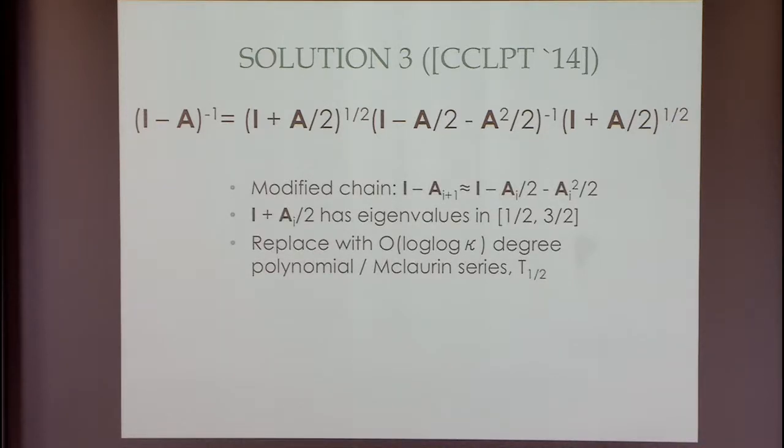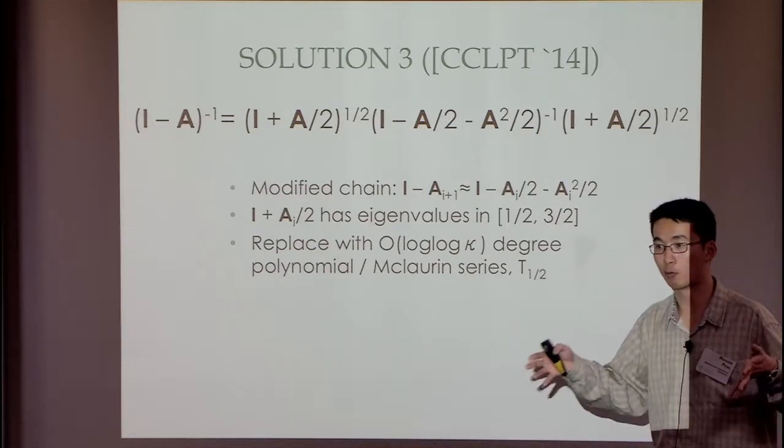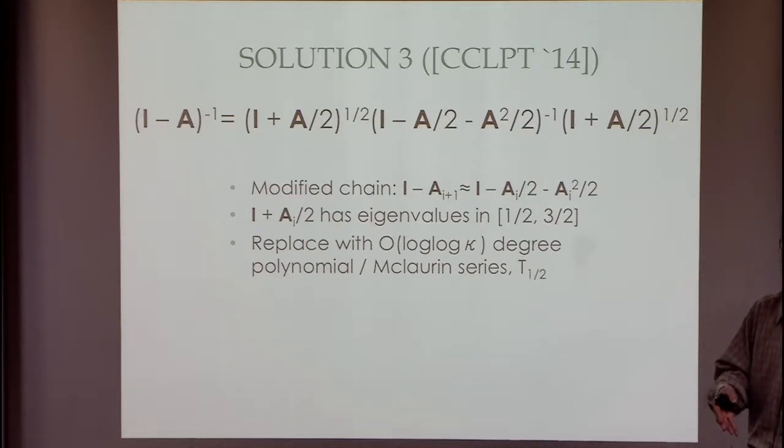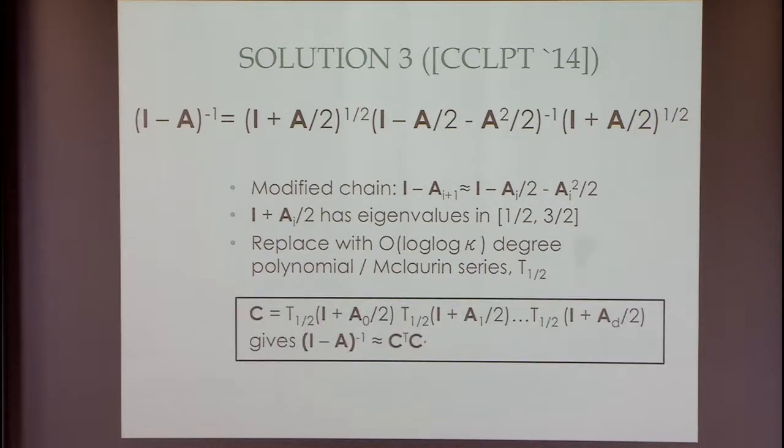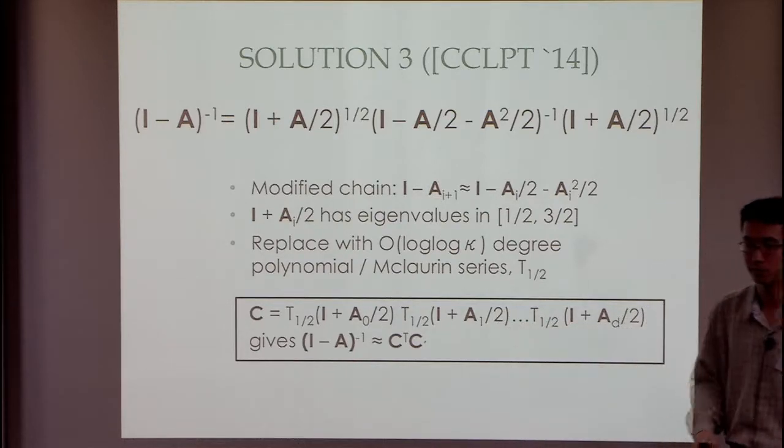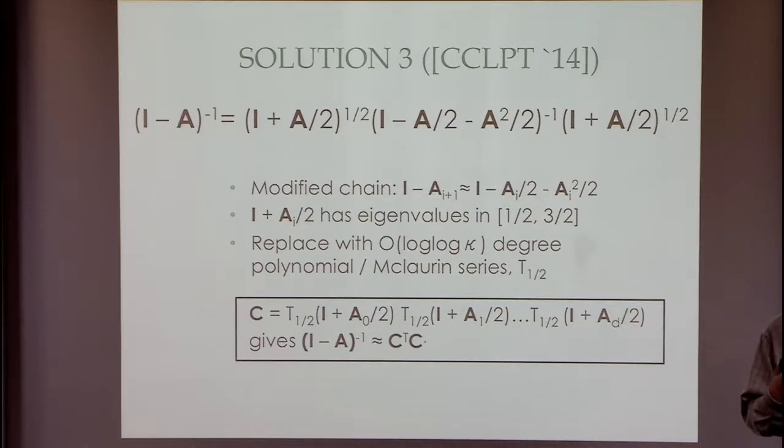Because the eigenvalues of each of these matrices are between -1 and 1, half of the matrix has eigenvalues between -1/2 and 1/2. So all my terms are now very well conditioned. We just use log kappa degree Taylor expansions of all these terms and substitute them in, and we get a representation that is a product of low-degree polynomials. That gives a representation that is just a product of matrices.